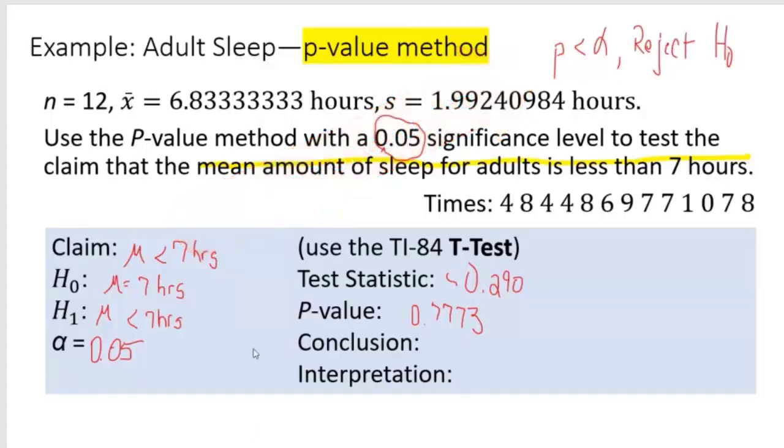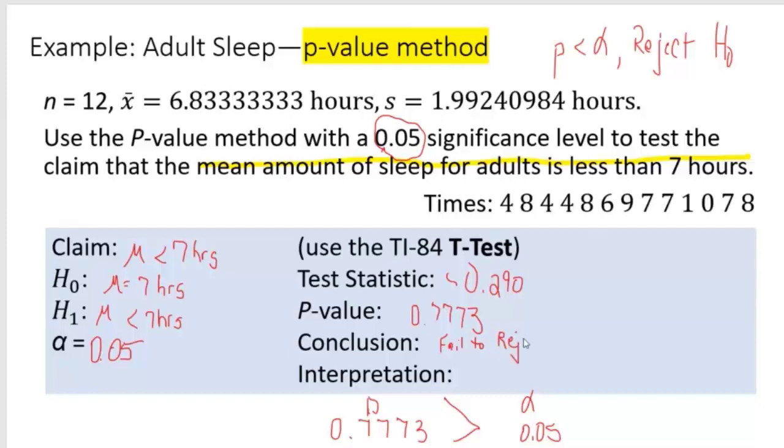So here what I want to do is look at this p-value, 0.7773, that's my P, okay? Compare it to the alpha, which was 0.05. And actually, P is greater than alpha. So because of that, I'm going to, again, fail to reject.